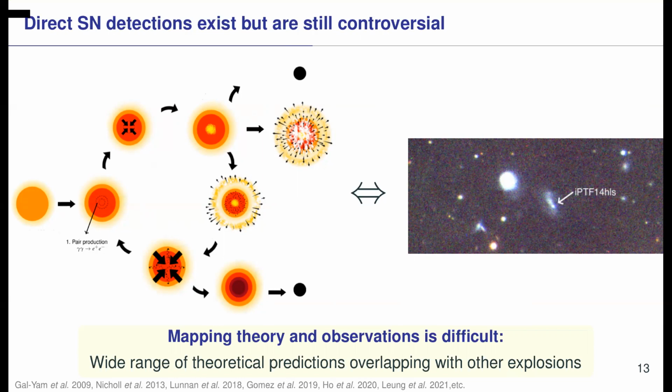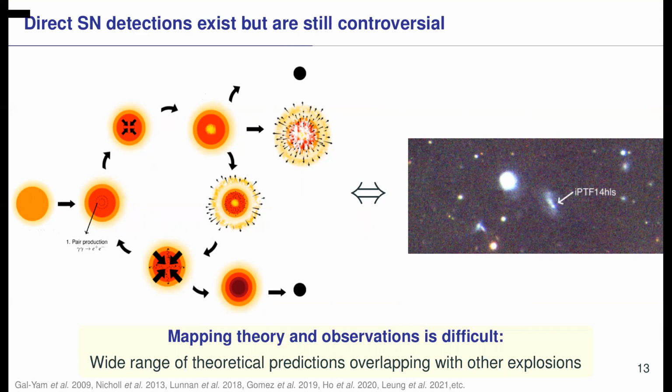People like me that do models predict a wide range of predictions for these transients, and these ranges overlap with the predictions of different scenarios for, I don't know, superluminous supernovae, magnetar-powered explosions, etc. And so it's difficult to have an uncontroversial determination.